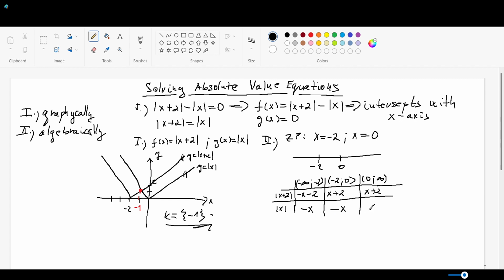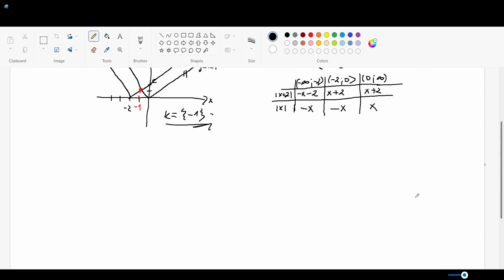We are still on negative numbers, so it's going to be -x, and on the interval from 0 to infinity, it's going to be x, because for positive numbers the absolute value is represented by x. Now you simply read all the information from the table to do the next steps.